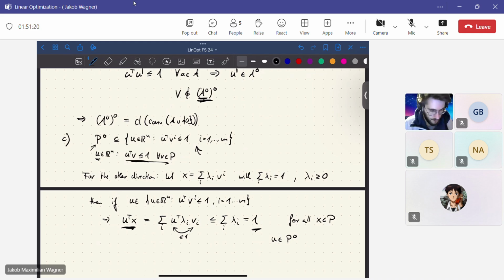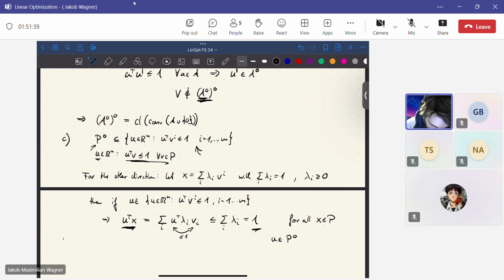Okay. And now lastly, we have that if P is this convex hull of the points, we can write the polar set of this as an intersection of some half spaces.